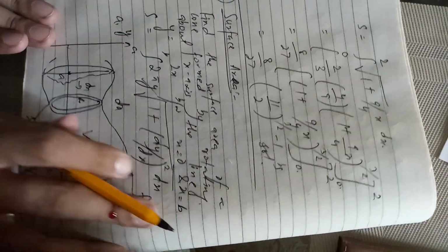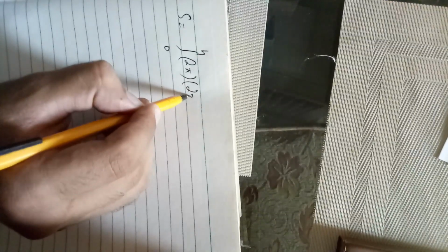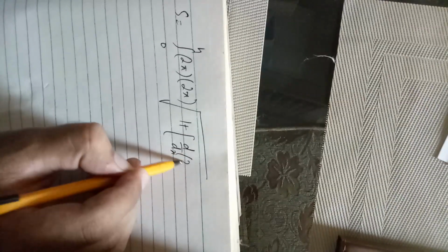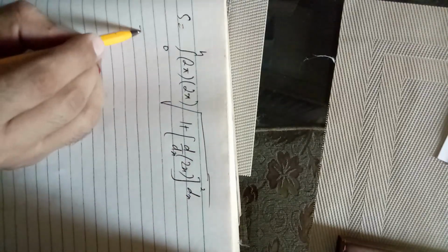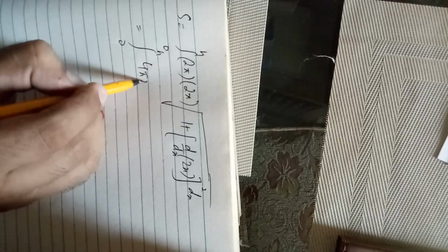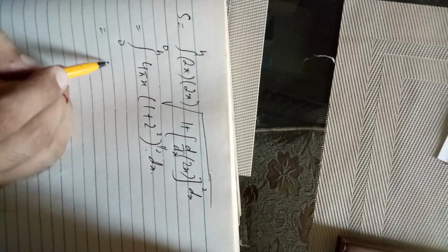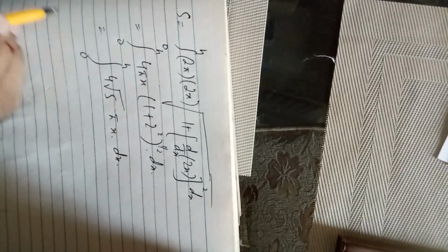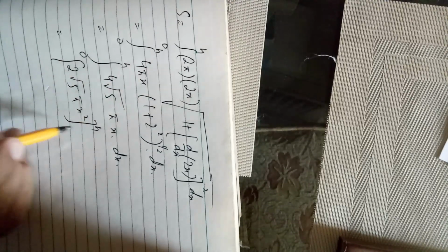When we put in the values, the surface area would be the integral from 0 to h of 2 pi times 2x times the square root of 1 plus (d over dx of 2x) squared dx. That becomes the integral from 0 to h of 4 pi x times (1 plus 2 squared) to the power 1 by 2 dx, which is the integral from 0 to h of 4 root 5 pi x dx, and that is 2 root 5 pi x squared, from 0 to h.